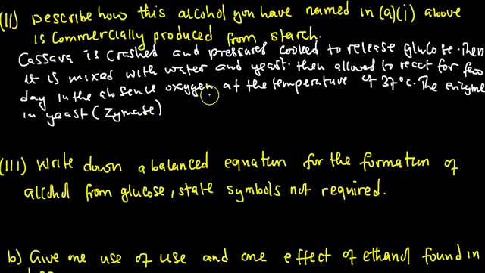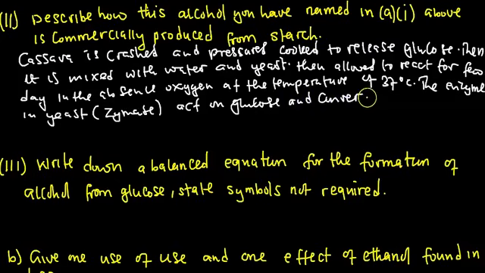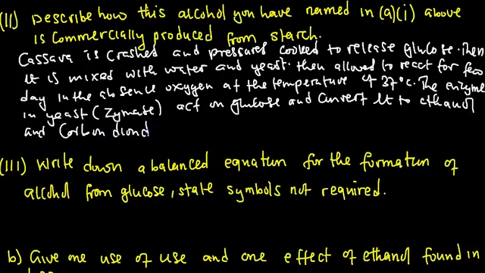Okay, zymase acts on glucose and converts it to ethanol and carbon dioxide gas. So zymase acts on glucose and converts it to ethanol and carbon dioxide.